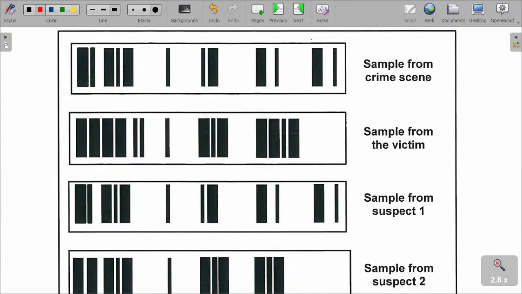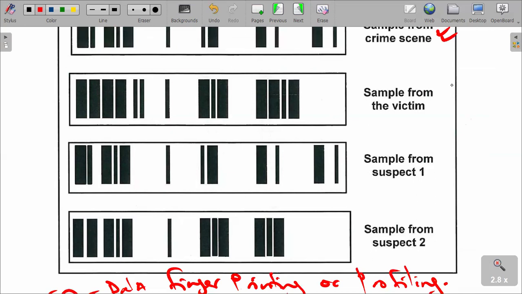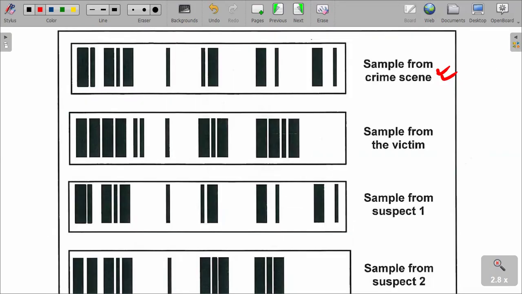Looking at the sample from the crime scene, we should look at the likeliness of the samples to fit the one at the crime scene, to see which one of them is likely to have been there.